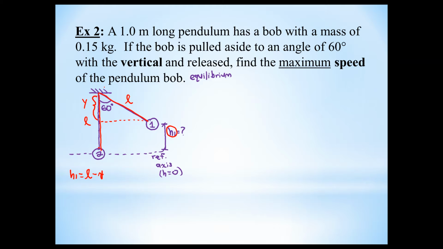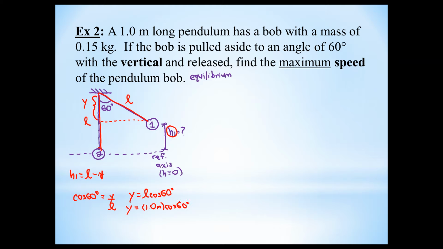Okay, so to calculate that distance y, let's look at what we know in the triangle. We have the angle 60. I want to get the adjacent side. I know the hypotenuse. That's the cosine ratio. So cosine of 60 degrees is equal to the side adjacent, which is y, over L. So y is equal to L times cosine of 60 degrees. L is 1.0 meters, the length of the pendulum, multiplied by cosine of 60 degrees.